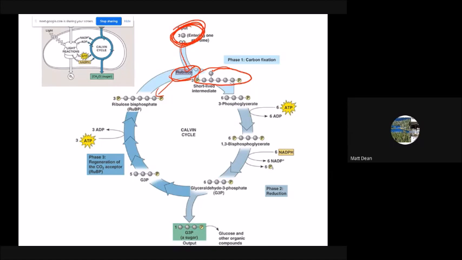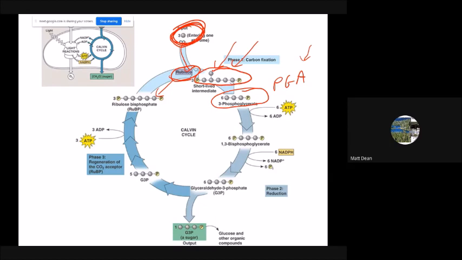So each one of those makes one of these short-lived intermediates, and those are going to all split in half. So we end up with 6 3-carbon molecules, and I'm going to call these PGA molecules. 3-phosphoglycerate is the actual name, PGA. But I want you to think of this PGA sort of like half of a glucose without very much energy.